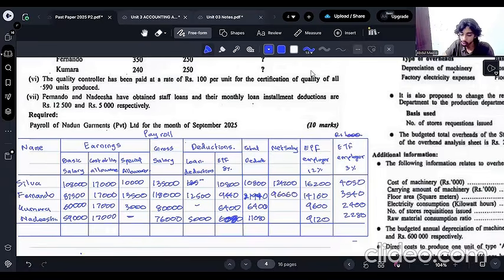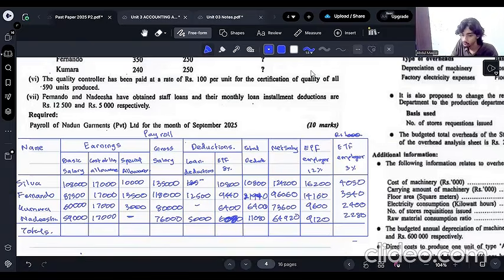Kumara 80,000 minus 6,400, 73,600. And Nadisha 76,000 minus 11,080, 64,920. Okay. Now you can find the totals of all the columns.